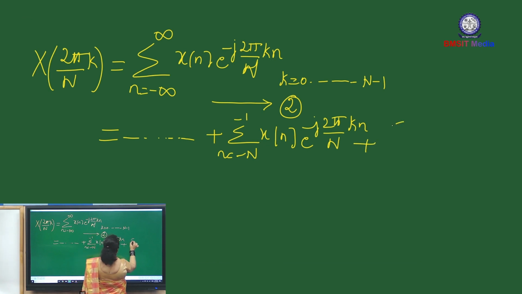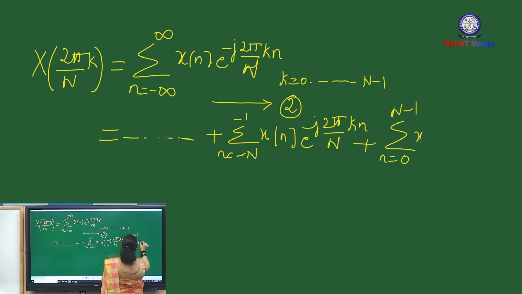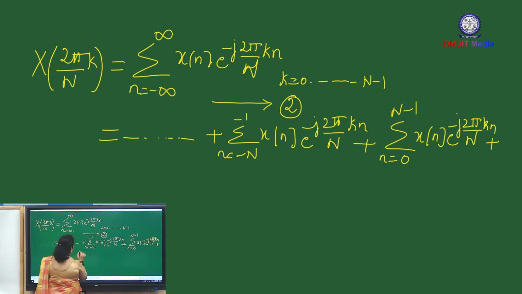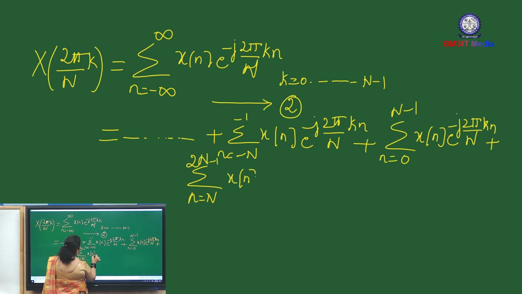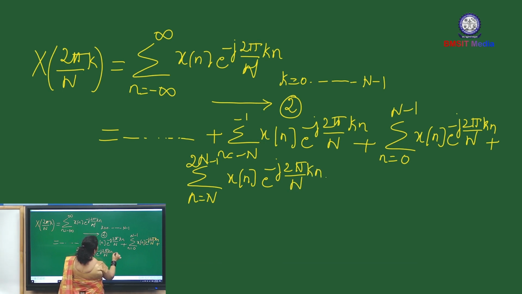Plus, I am just taking a few examples, after minus 1 it is 0: n is equal to 0 to N minus 1 x of n e raised to minus j 2 pi by N k n, plus n varies from N to 2N minus 1 x of n e raised to minus j 2 pi by N k n, plus so on.